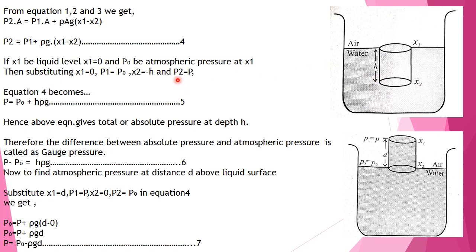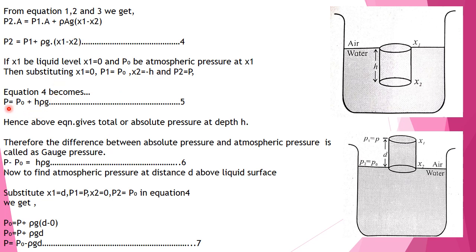P2 is the total pressure, so equation 4 becomes P2 replaced by P, P1 replaced by P0, and the remaining term rho g as it is, x1 minus x2, where x1 is equal to 0 and x2 is minus h, minus again plus.